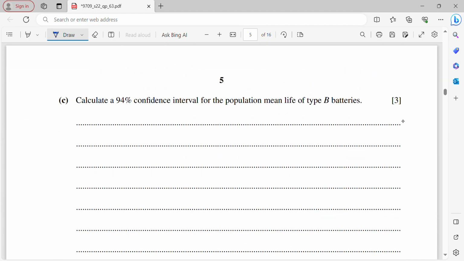Now, calculate a 94% confidence interval for the population mean life of type B batteries.